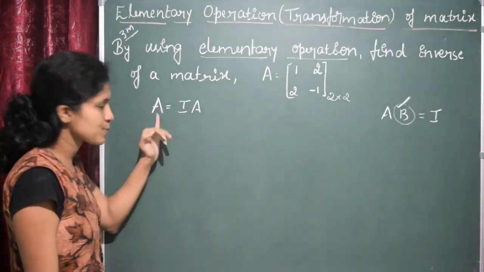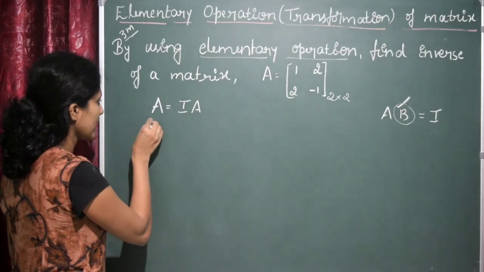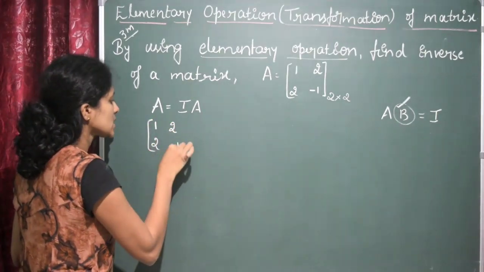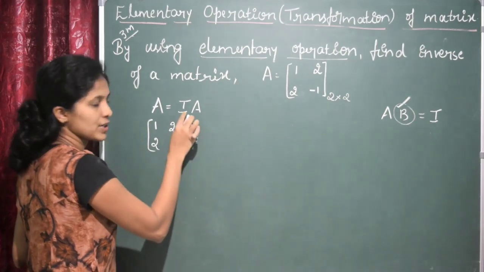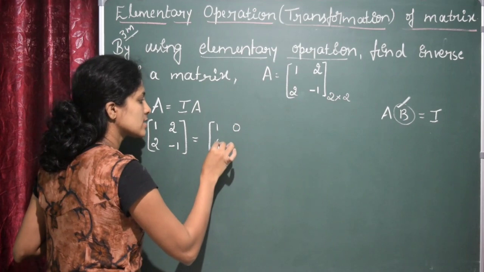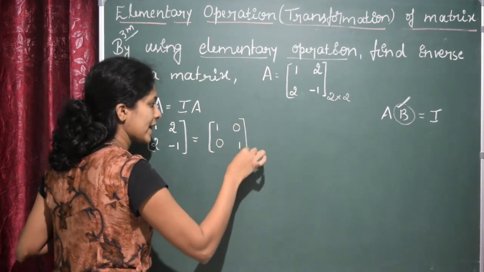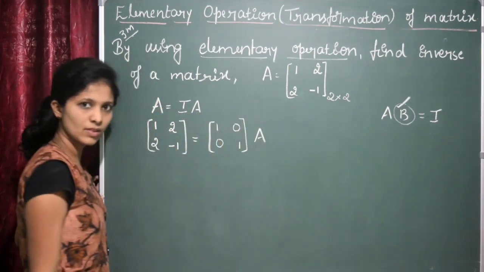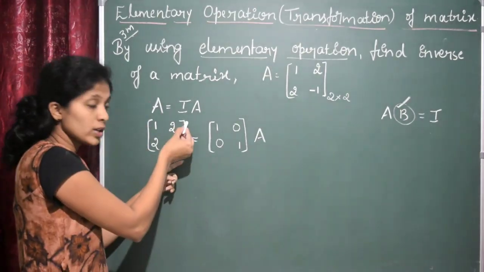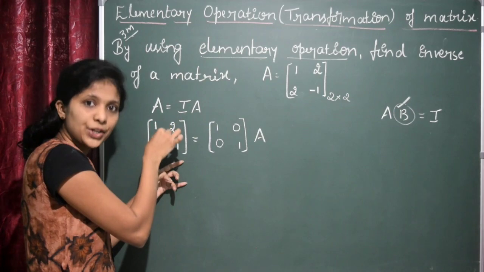Listen carefully, I will substitute the value of A in matrix A, that is 1, 2, 2, minus 1. Here I will write the matrix I of order 2. I can write 1, 0, 0, 1 and I will write A as it is. Is it clear? Now, next step is you have to convert this matrix into an identity matrix.